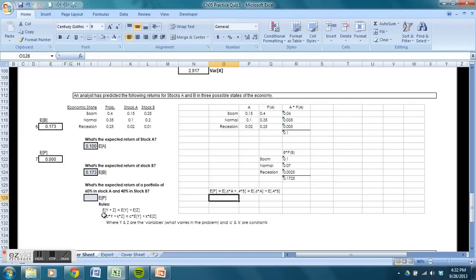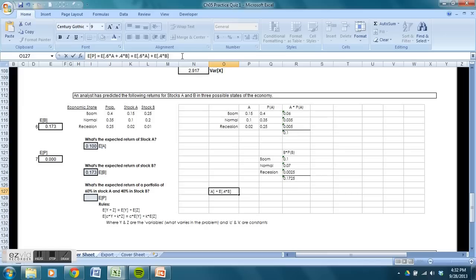And then this rule right here says if you have a constant in front of a variable, which our variables are A and B, as they vary, then if we're finding the expected value of a constant times a variable, it's just going to be the expected value of the variable multiplied by that constant. So we can do that in this case.